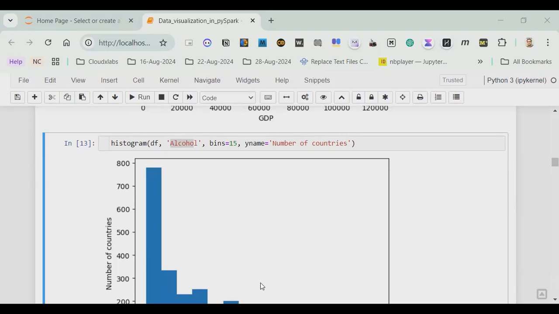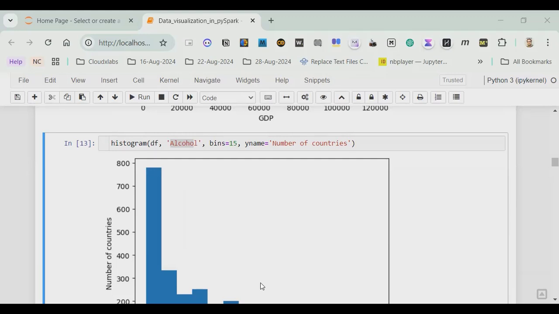For example, in our case, we have taken GDP, but the same concept works just by changing the column name. Maybe you or me or another person can use this function to provide relevant values.